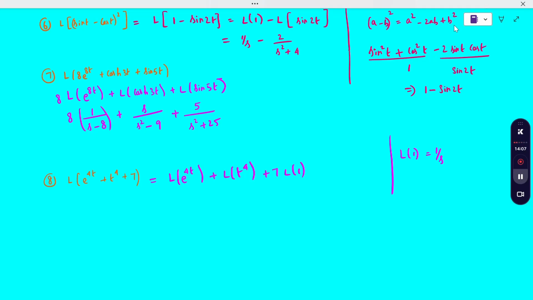Now L of e to the power 4t is nothing but 1 divided by s minus 4; when the exponent is plus, the denominator has minus.